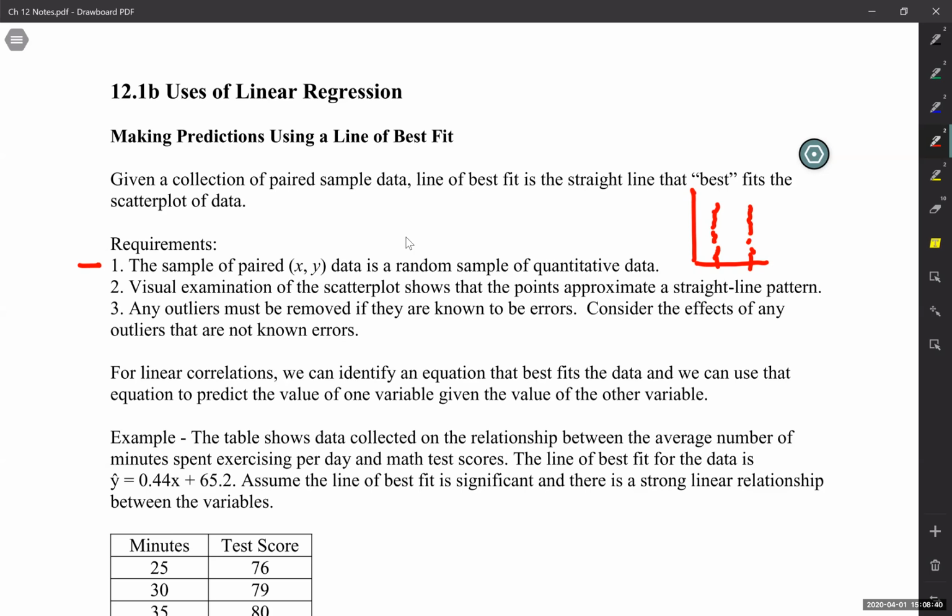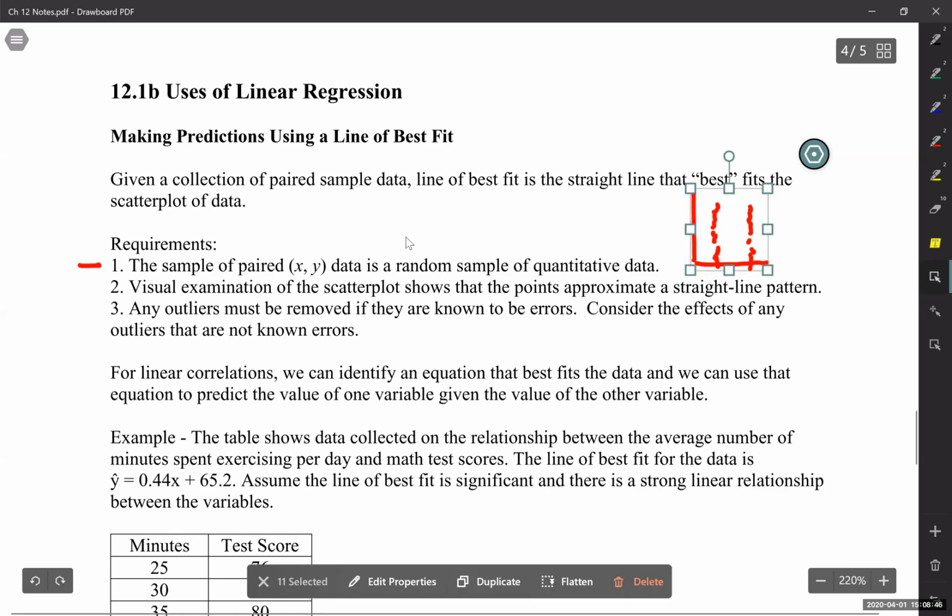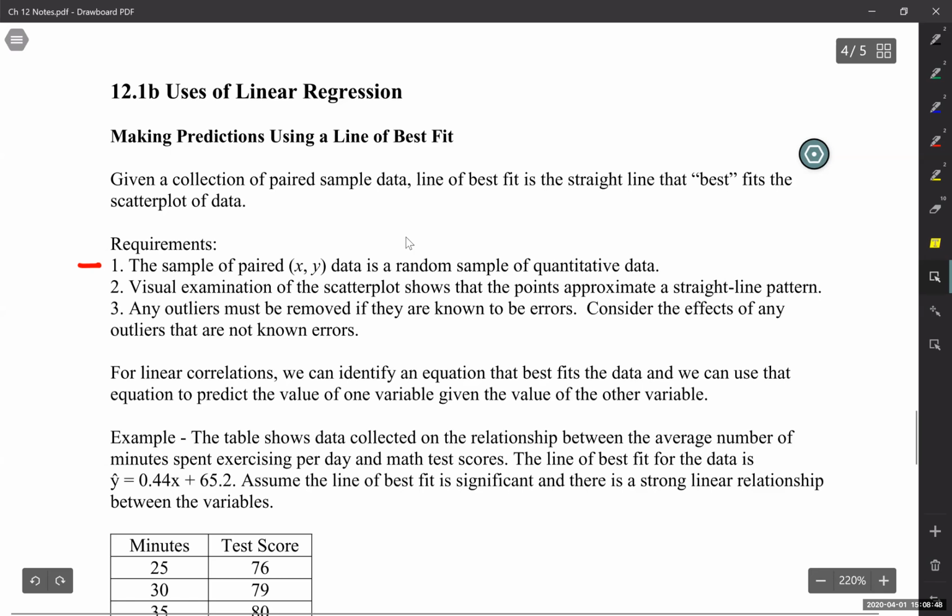That's not going to help us. We need to have more choices, so we need quantitative data. We need those number responses so that we can get scattered answers.